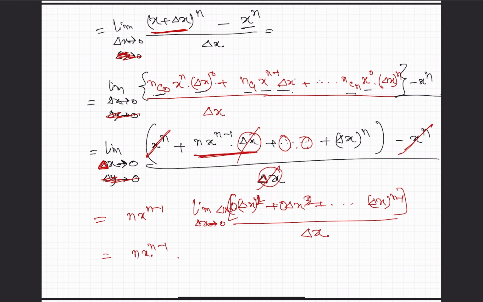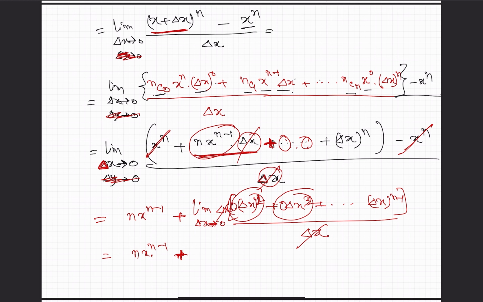So as del x tends to 0, this will go out. We can put 0 in all the components, as there is del x in all the components. So this will be just, okay, sorry, this is plus, I'm sorry, I'm just getting a brain fade here, because this is in addition with all the terms.